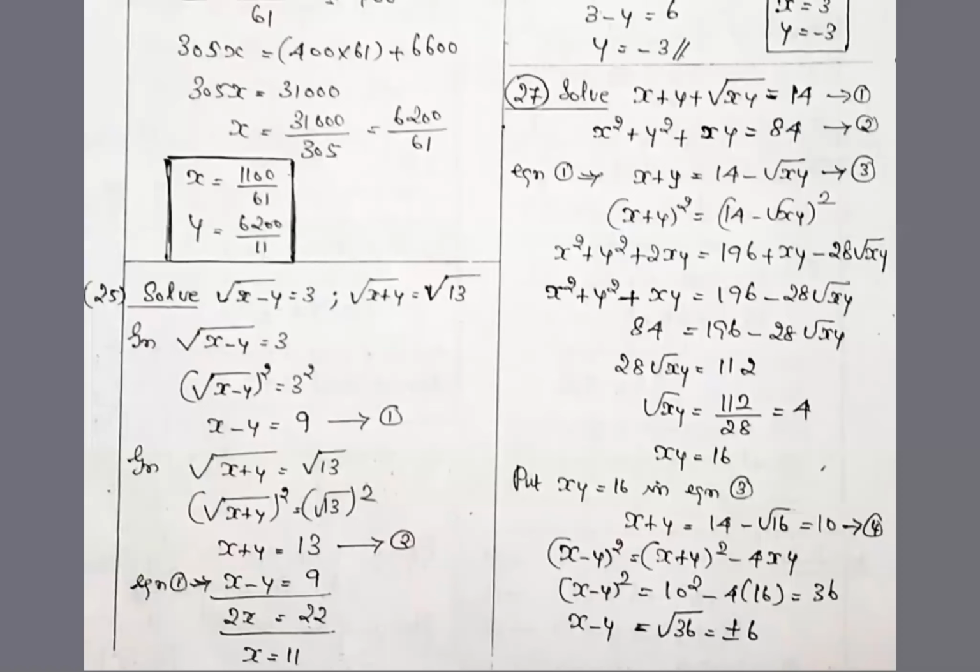Similarly, call the second equation, take square on both sides. You will get x plus y is equal to 13 as the second equation. So only thing, remove the root by taking square on both sides. Both side root will get cancelled. So two equations, x minus y is equal to 9, x plus y is equal to 13. Two equations you got. Then just add them, you will get x is equal to 11.